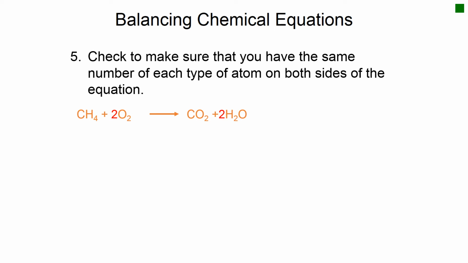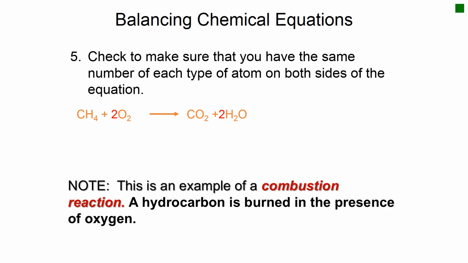Take a look. We've got 1 carbon on either side. We've got 4 hydrogens on the left and 4 hydrogens on the right. And we've got 4 oxygens on the left and a total of 4 oxygens on the right. So this reaction is balanced.